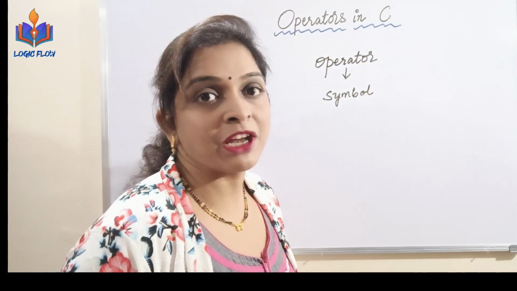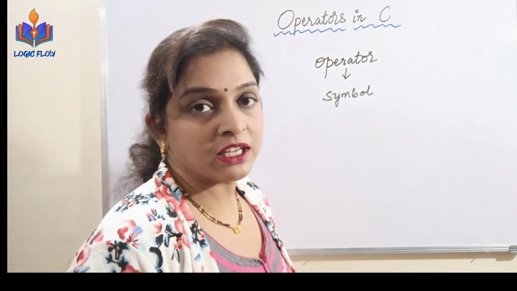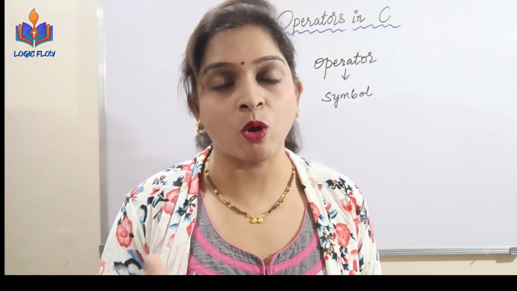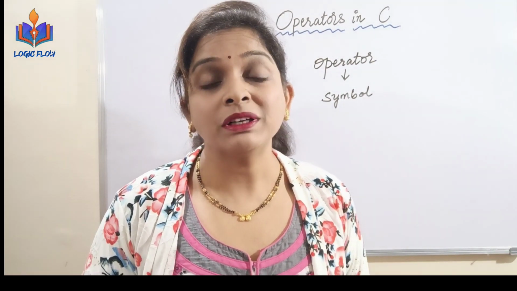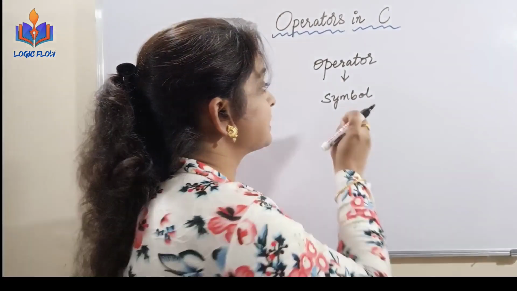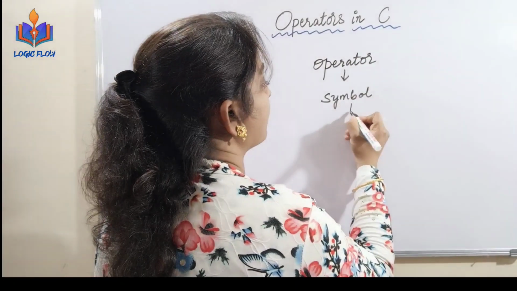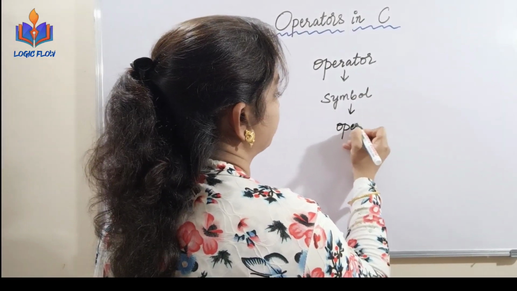We have seen many operators, like addition, subtraction, multiplication, division. All these are general purpose operators that we know, generally from mathematical operations. But there are still many more operators that we use in programming. So basically, an operator is a symbol that performs a particular operation.